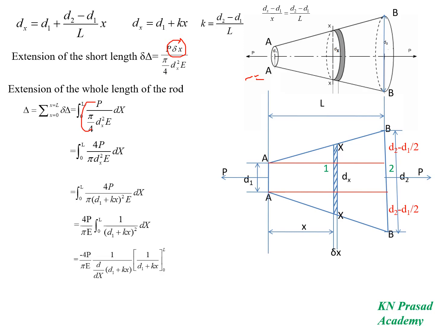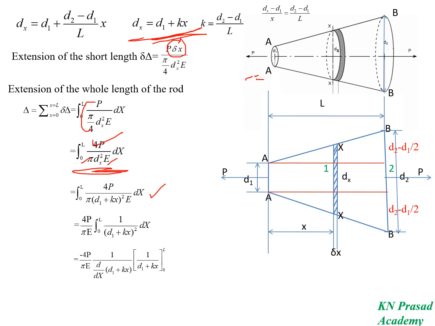Here 4P, pi and E are constants, and then we substitute the dx value. We know dx equals d1 plus kx, so this equation becomes the integration from 0 to L of 4P by pi into (d1 plus kx) whole square into E dx.